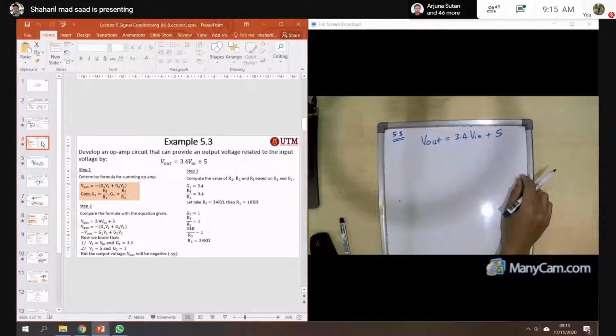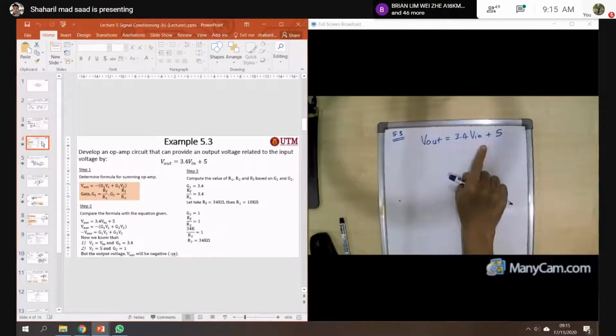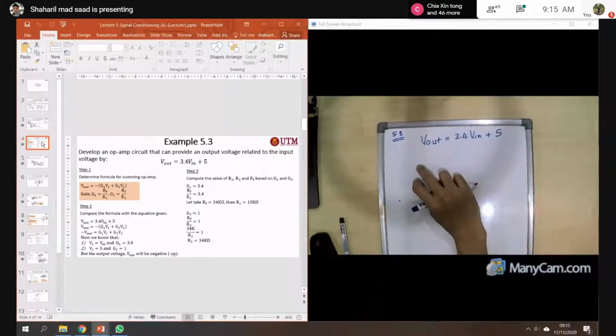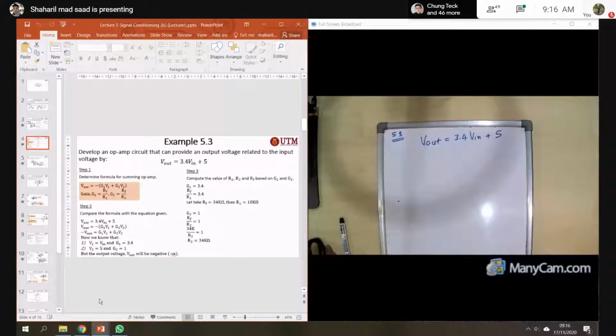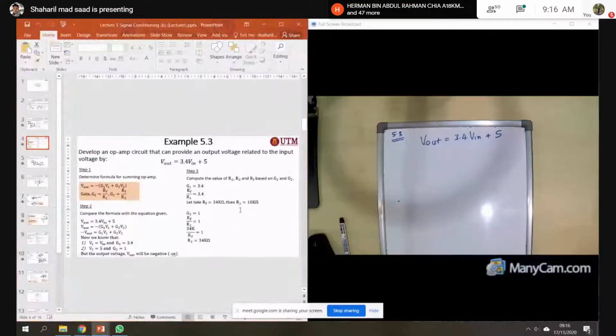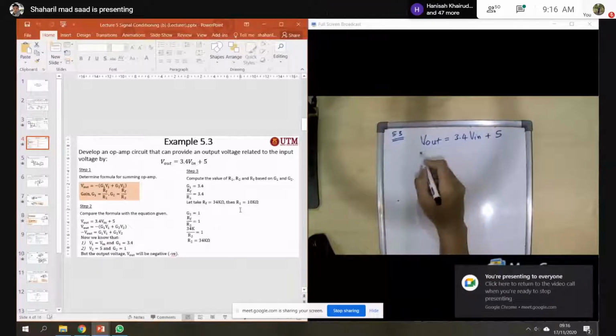When you look at this, 3.4 V in plus 5 means there are two inputs, one is this one and another one is this one. You have learned inverting, non-inverting, and voltage follower, but those require only one input. For more than one input, you need a summing circuit. So what you need to do is compare with the equation that I have shown to you.